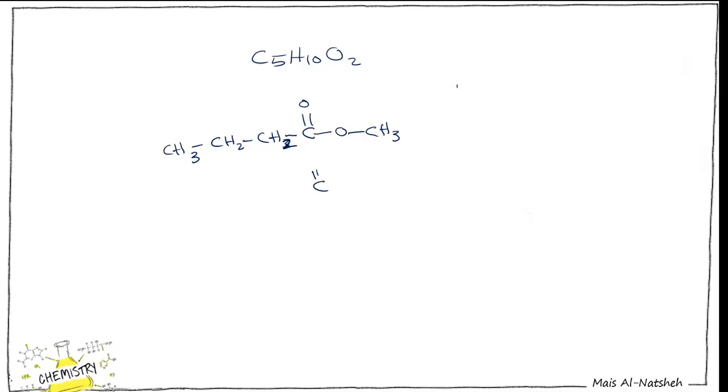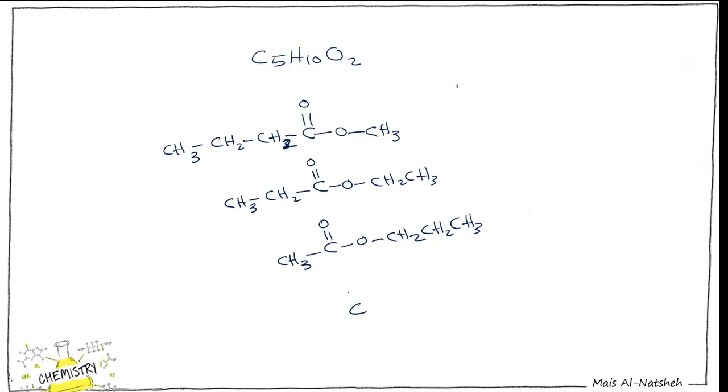The other option is to put 2 carbons on the side attached to the oxygen as CH2CH3, and so here we will have only 3 carbons on the side of C double bond O. So here we have ethyl propanoate. Another option is to attach 3 carbons to the oxygen side, CH2, CH2, CH3. So this is a propyl, and here we will have ethanoate.